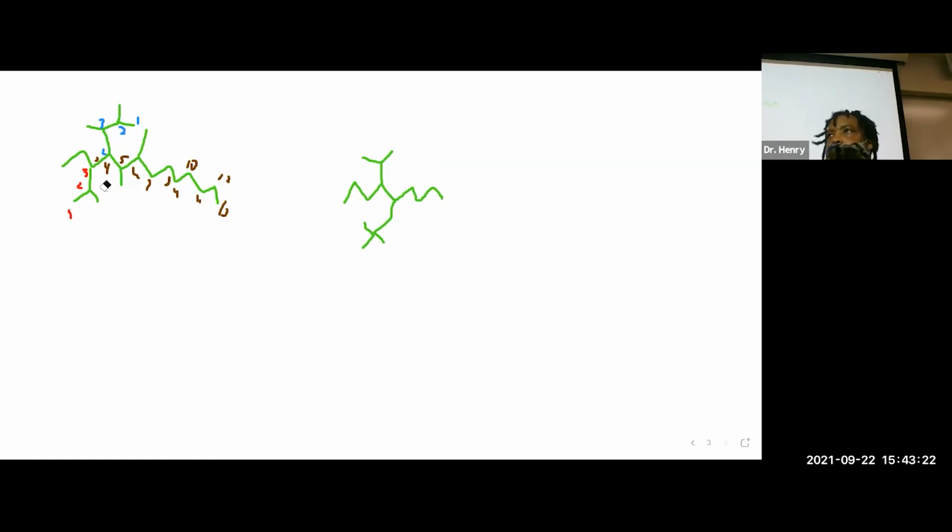In this case, the rule is, I believe, the one with the most, okay, so this is gonna sound weird. It has the most side chains would be the one that would be more right, okay?